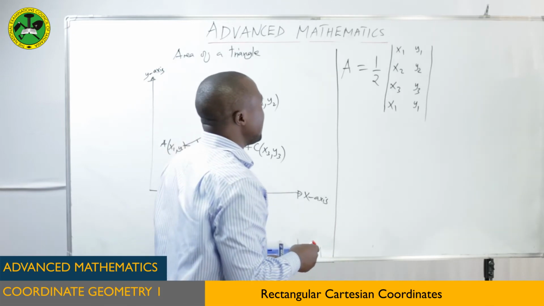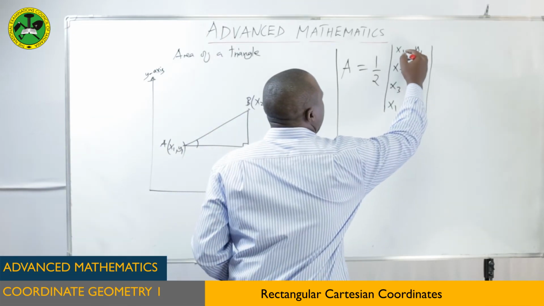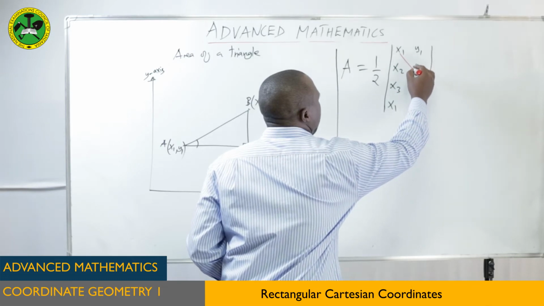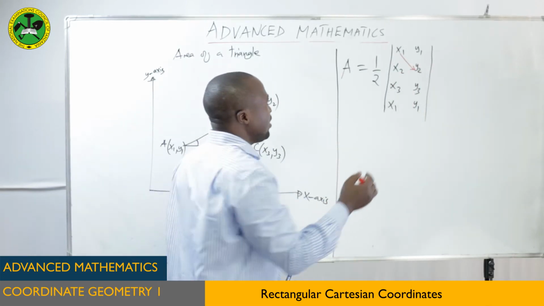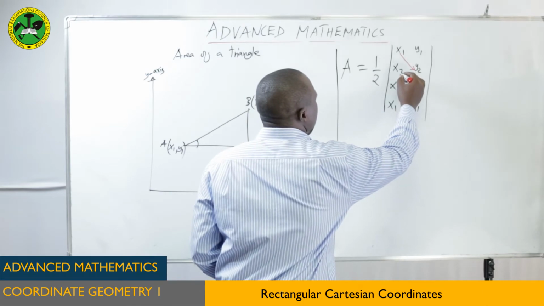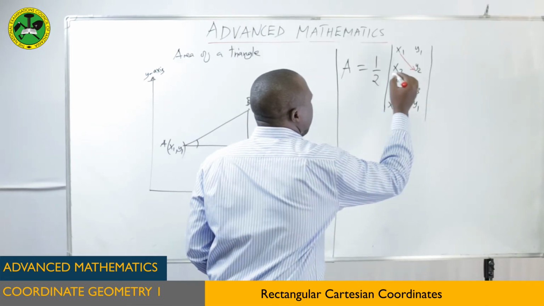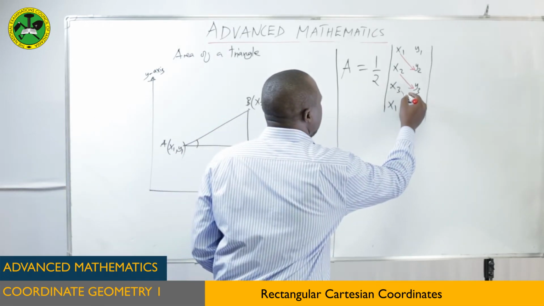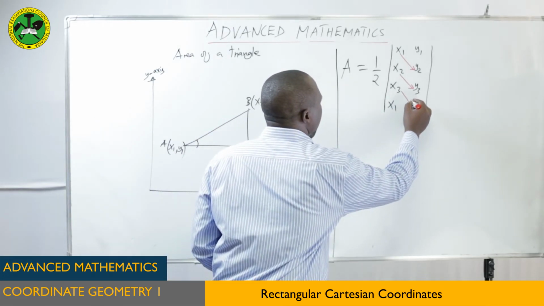In the first case we start with the arrow. We take x1 times y2, then we proceed with x2 times y3, then we take x3 times y1.